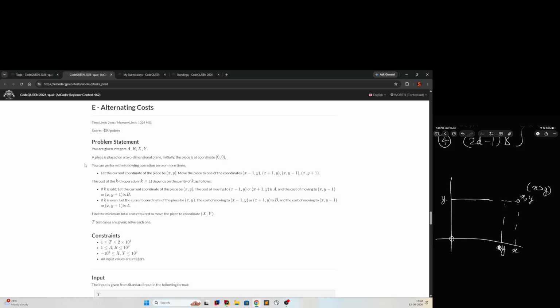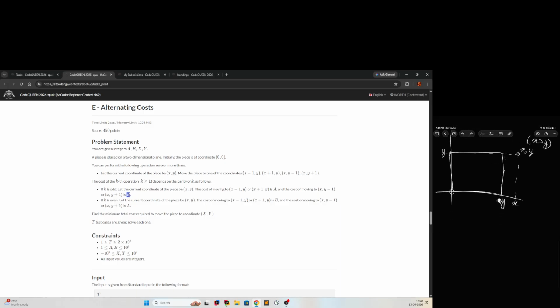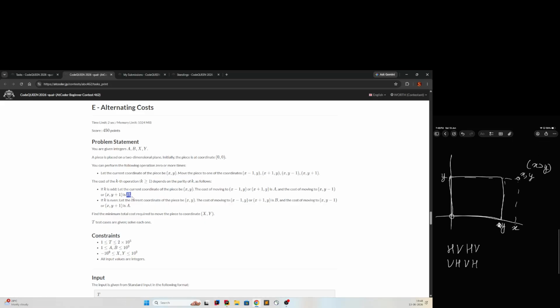So in this square, irrespective, I can start moving like this or I can start moving like this. In both cases, I will make y horizontal movements and y vertical movements in any order I want in an alternating fashion. I can start with horizontal, vertical, or I can start in the opposite way. So in both cases, I can choose the minimum value of A and B for these two y movements. I will have y horizontal and y vertical movements to reach here.